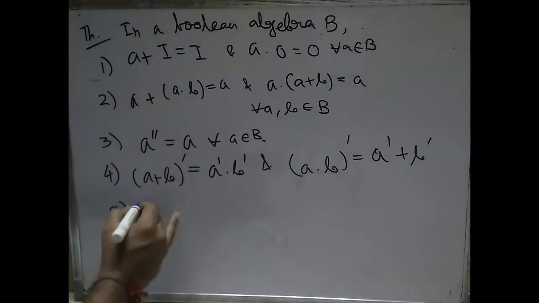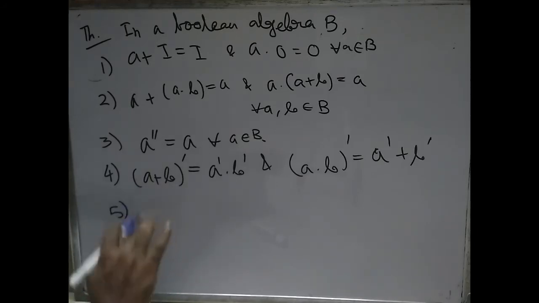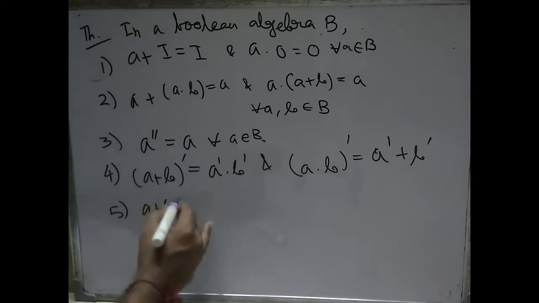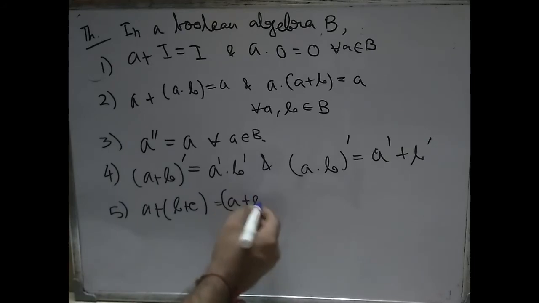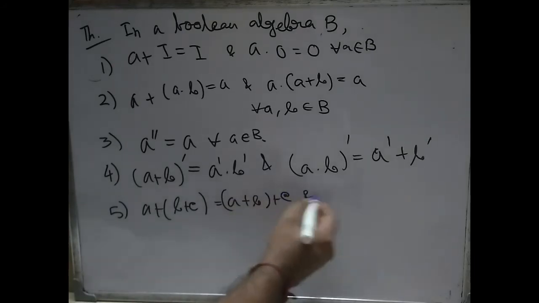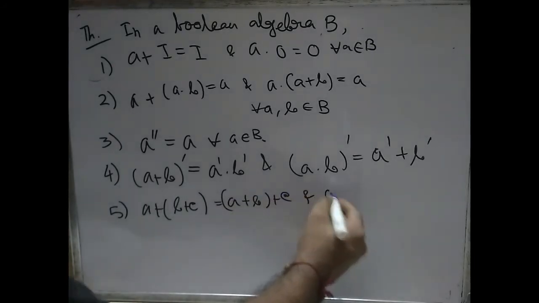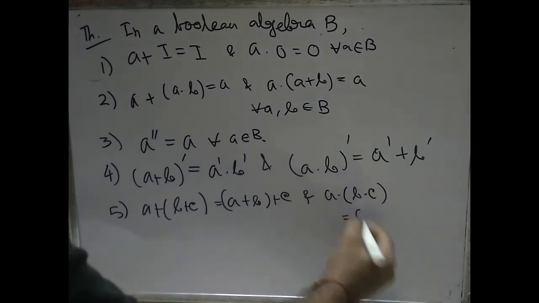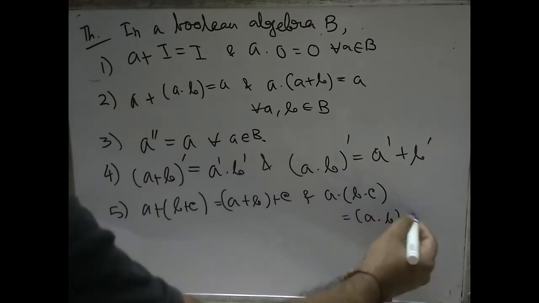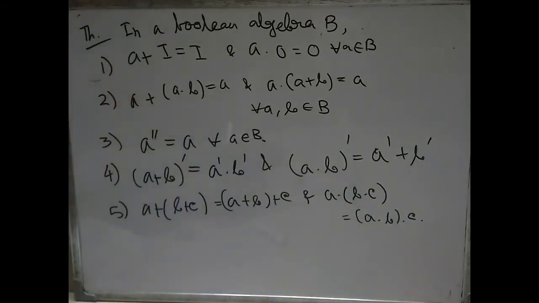Okay. And the last, the plus and dots are associative. Okay. And so these are the very important properties of Boolean algebra. Okay.